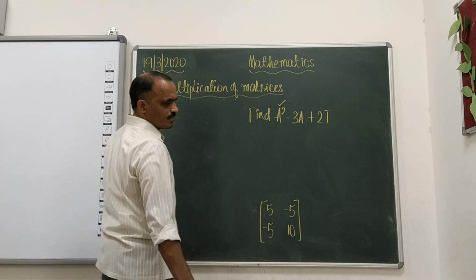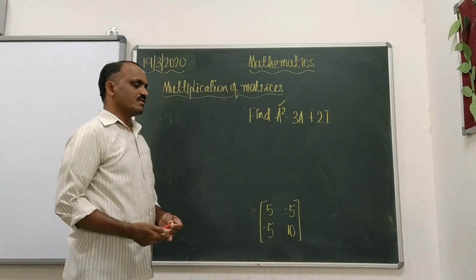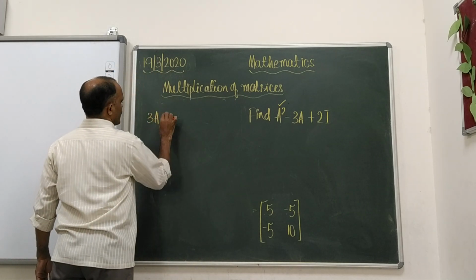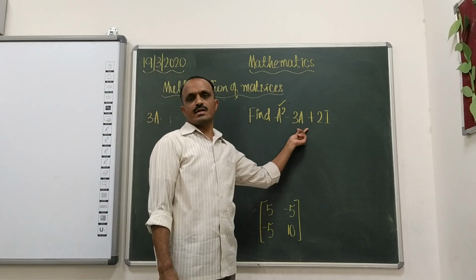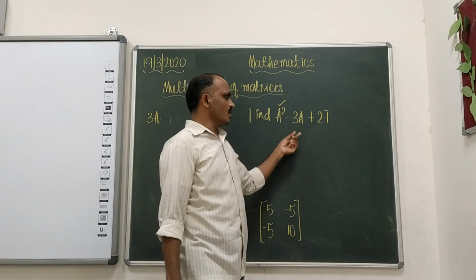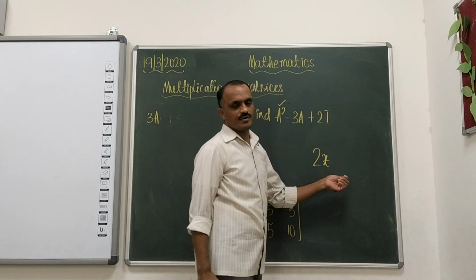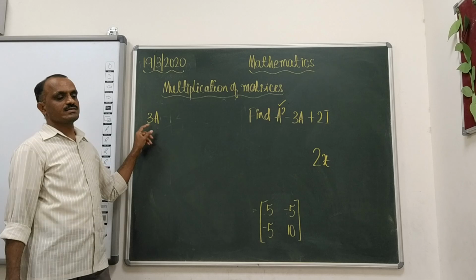In the same way in matrix, instead of saying coefficient we use the word scalar. So here they are given 3A. It means that whatever the elements there are in matrix A, each element we are going to multiply by 3. In algebra we say 2x, so 2 will become the coefficient for variable x, but here in matrix we are using the word scalar.